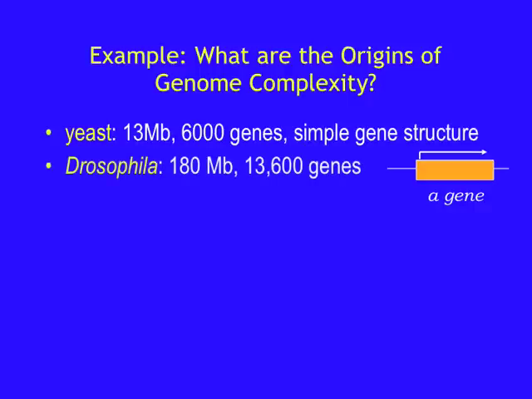But going forward to slightly more complex critters, in this case a little fruit fly, about a 10-fold larger genome, about double the number of genes, you'll notice that the expansion in the size of the genome seems to be outstripping the increase in the number of genes.